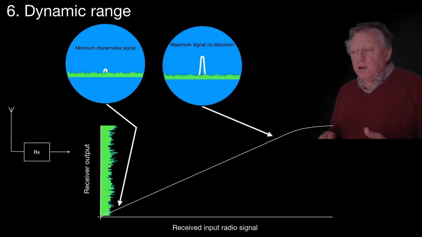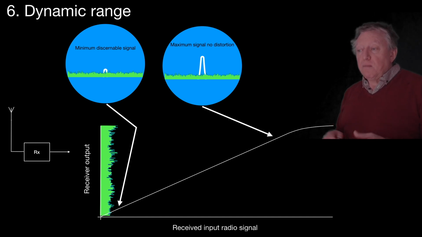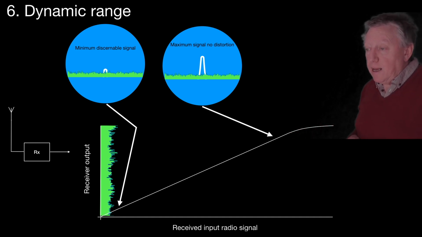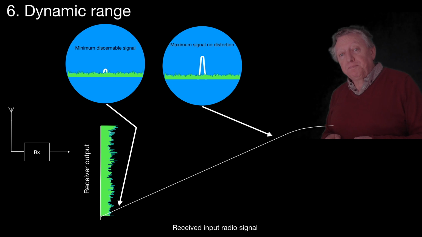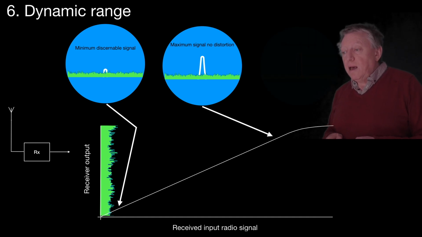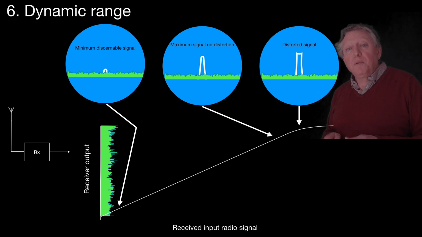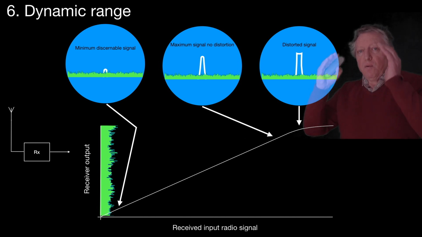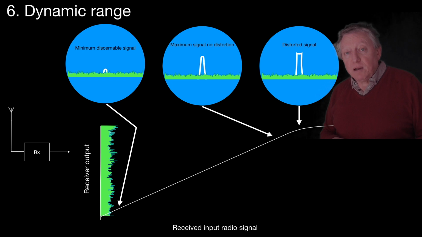Then, as we increase the input on the receiver, the output will increase linearly until we get to the maximum signal with no distortion. And that's what it might look like on a spectrum analyzer. And then finally, we increase the signal beyond the dynamic range of the receiver, and because we're on the non-linear part of the curve, we're starting to see compression of the signal at the top.